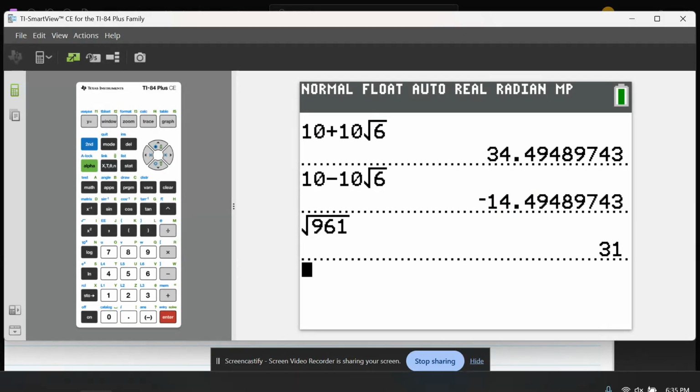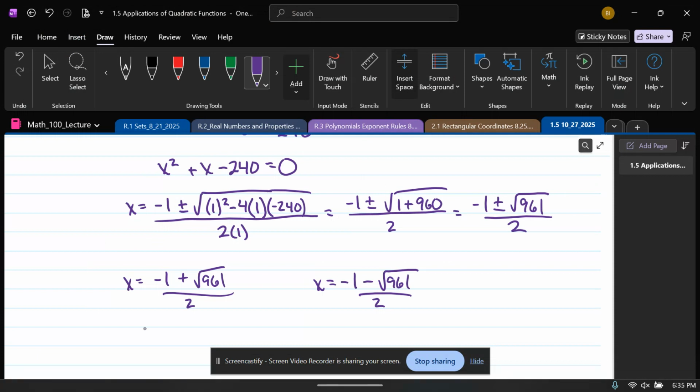That's good news. So I really have negative 1 plus 31 over 2, which is 30 over 2, which is 15. I also have negative 1 minus 31 over 2, which is negative 32 over 2, which is negative 16.